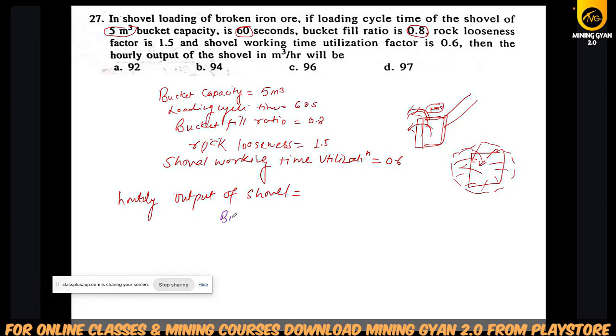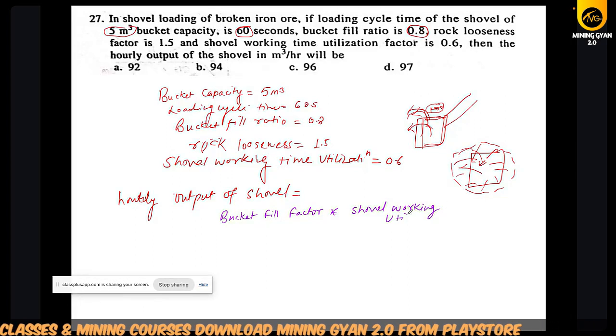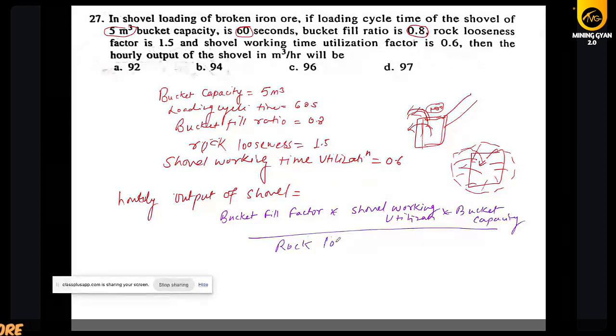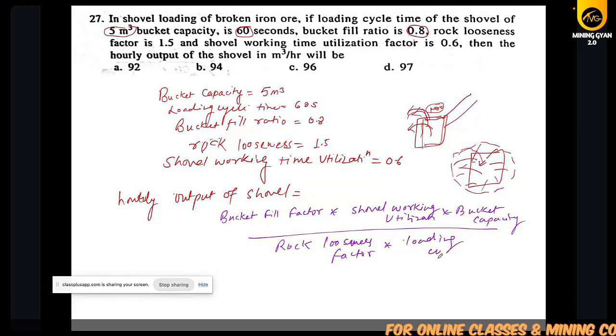You have to multiply the bucket fill factor with your shovel working time utilization, how much it is utilized, multiply with the bucket capacity, divided by your rock looseness factor, divided by the loading cycle time. Okay, so this formula you should remember.